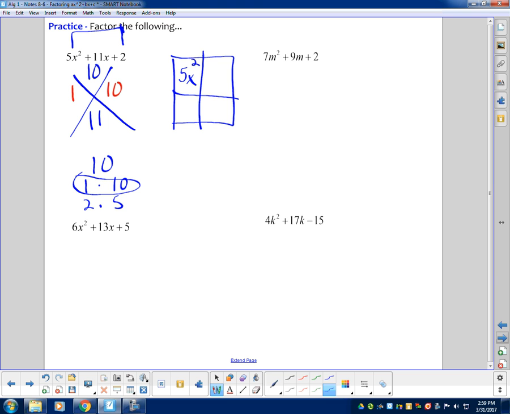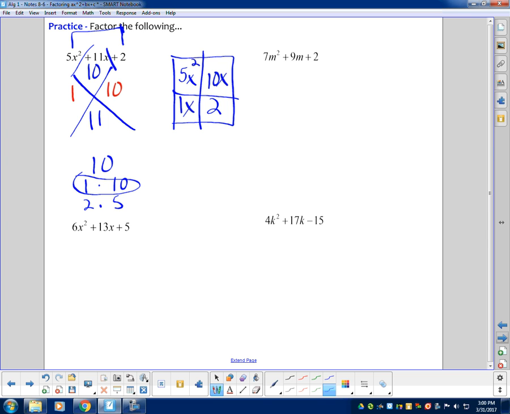Remember, we're just rewriting 5x squared plus 11x plus 2, but we're splitting 11x into 2 terms. Boom and boom. They are 10x and 1x. So we're taking that 11x and splitting it into 10x and 1x. So 5x squared in the top left, the 2 goes in the bottom right, the 10x and the 1x in any order go on the other 2 squares.